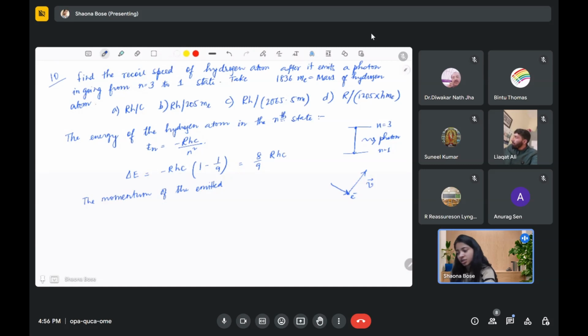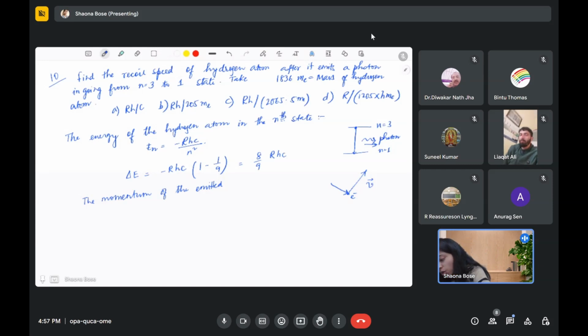Okay. So now this hydrogen atom is just emitting a photon, right? So in the direction in which the photon is released, the hydrogen atom has a recoil speed. Anyway, the recoil is usually in the opposite direction to the one in which the force is coming. It's never in the same direction.